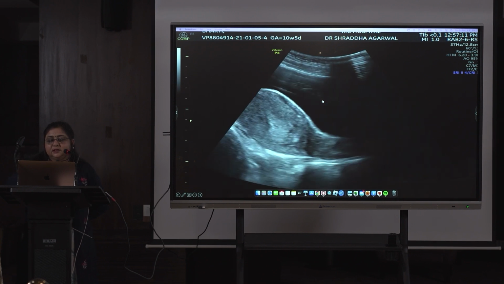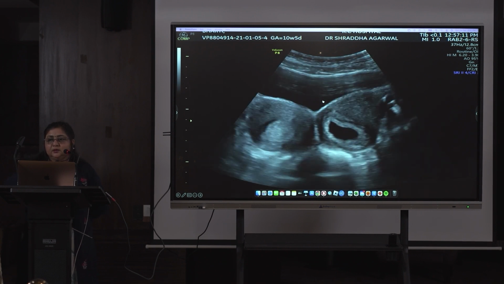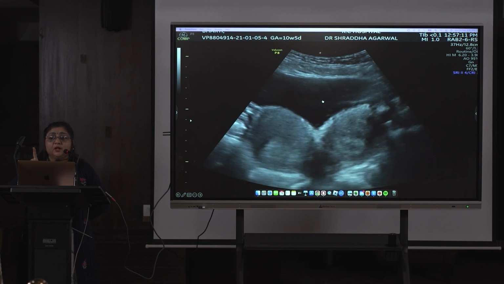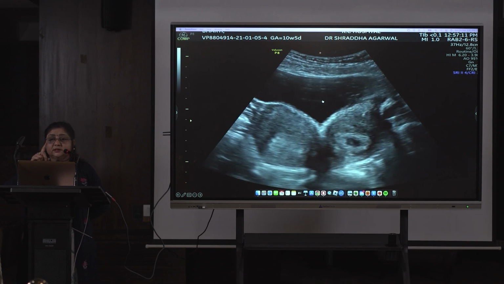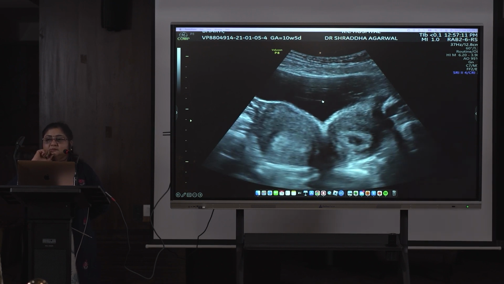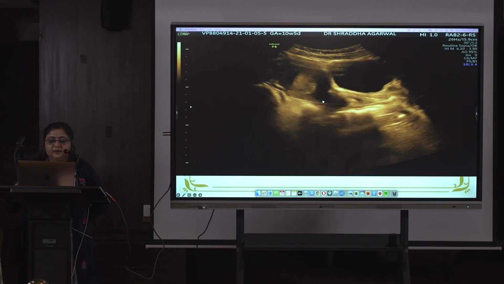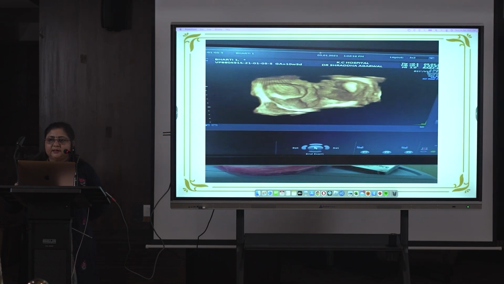Here, see, you can see the cervix nicely down. But you cannot make out whether this is a single cervix or a double cervix in the same plane. Definitely we did an ultrasound guided D&C for her.